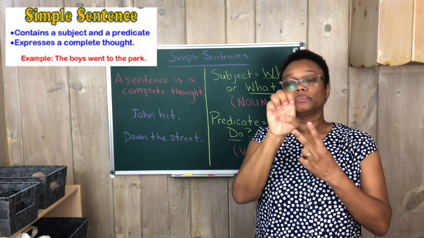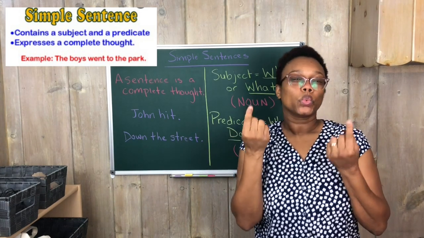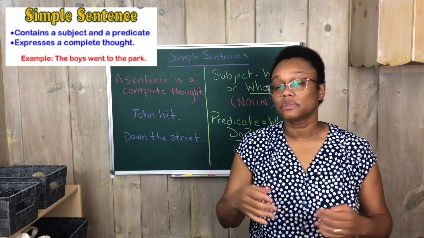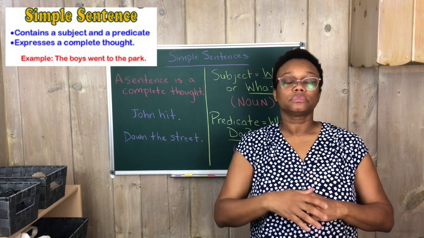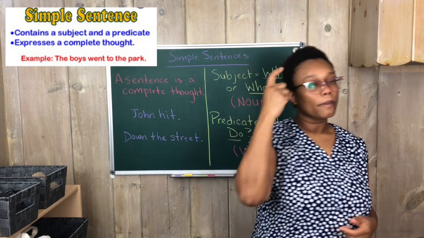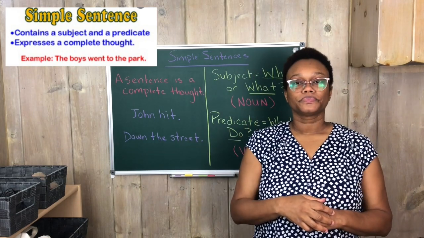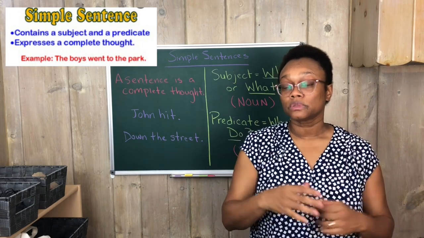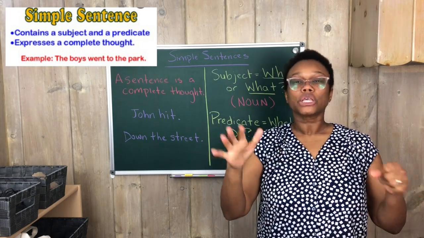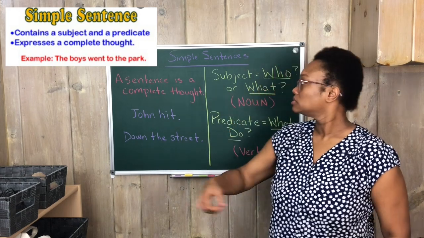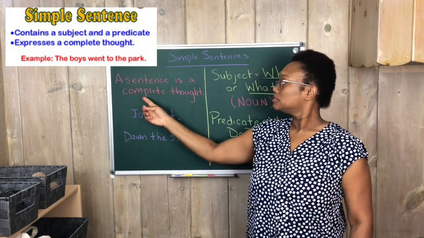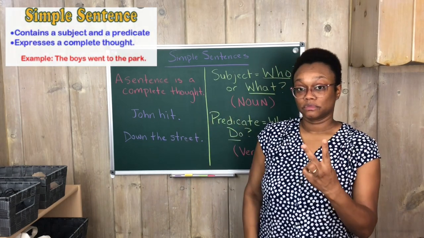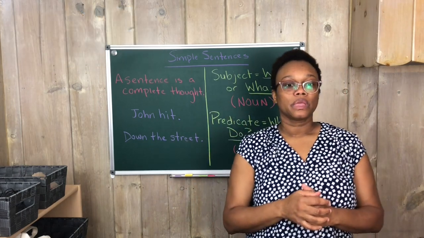The other part is a predicate, and that's the what do, the verb. Verbs are actions, either physical or mental actions. And what does a sentence mean? A sentence is a complete thought. It must have both the subject and predicate.